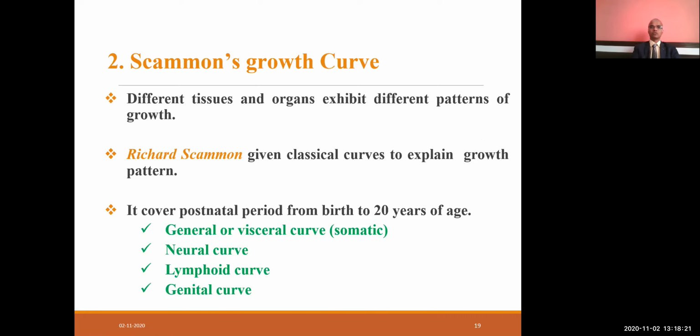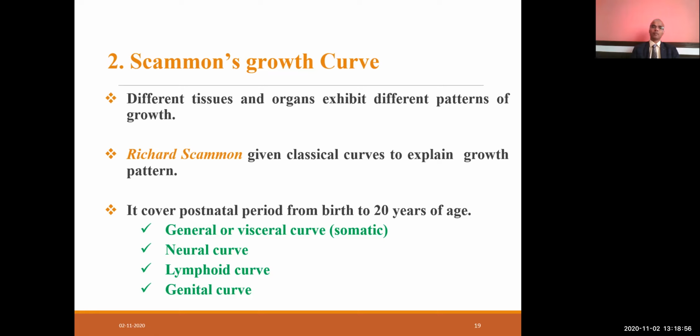And Scammon's growth curve. So different tissues and organs exhibit different patterns. Richard Scammon studied 4 tissue organs in body from birth to 20 years, which include general or visceral tissue, neural tissue, lymphoid tissue, and genital tissue.